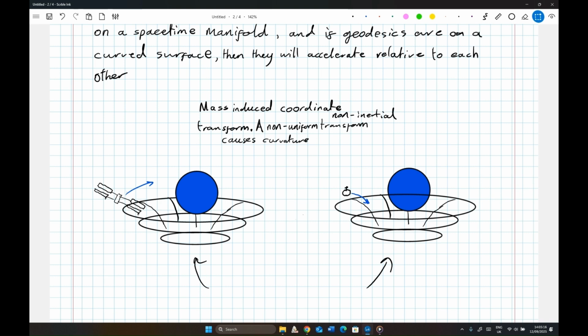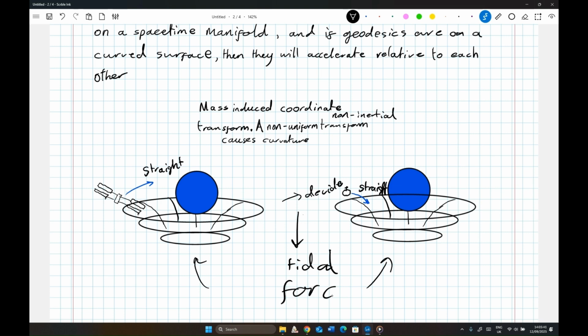And that is the curvature that you're seeing. The curvature that you're seeing is the deviation of these straight lines. So this is a straight line, and this is also straight. And yet they deviate. So this would be tidal forces.